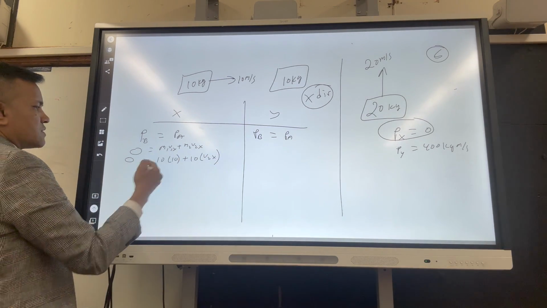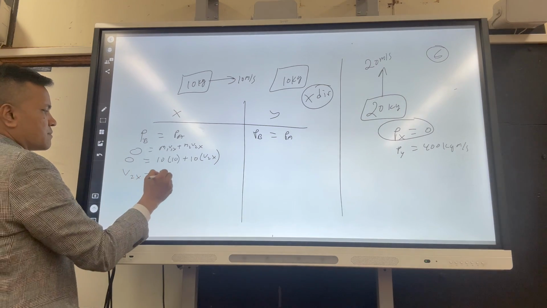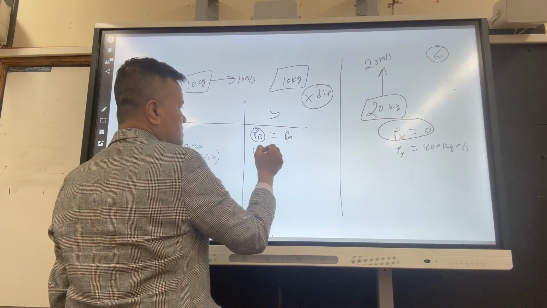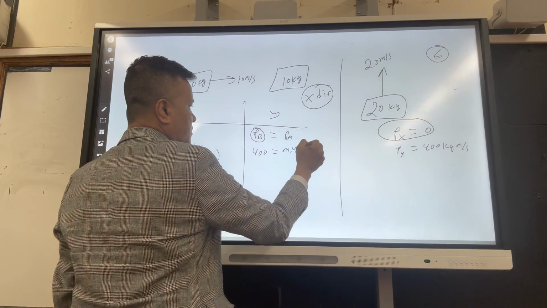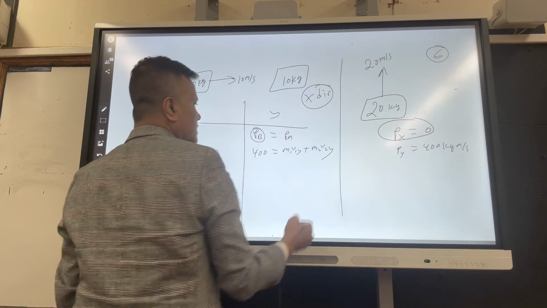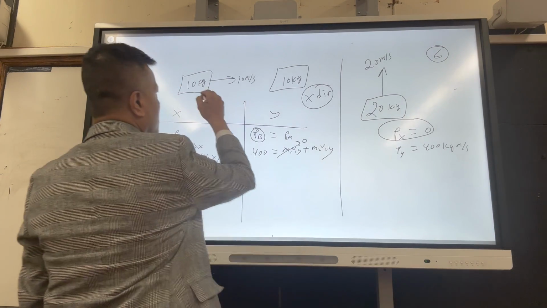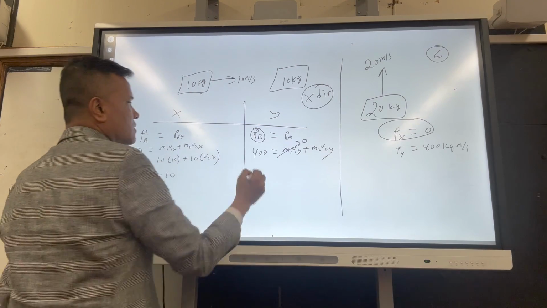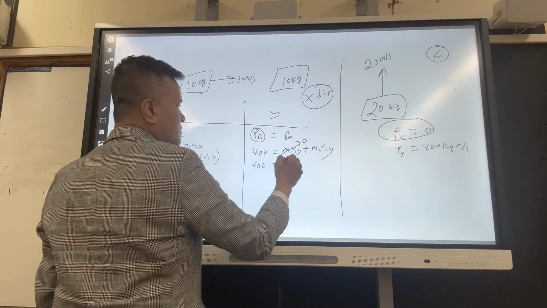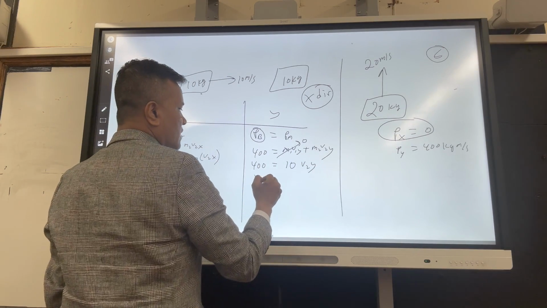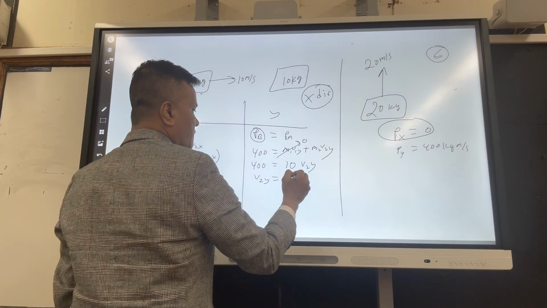As you see, v2x is negative. Now in y, 400 is equal to m1 v1y plus m2 v2y. Now this one is 0, why? Because the first piece is not moving in the y direction. So 400 is equal to m2, which is 10, times v2y. So v2y is exactly 40.